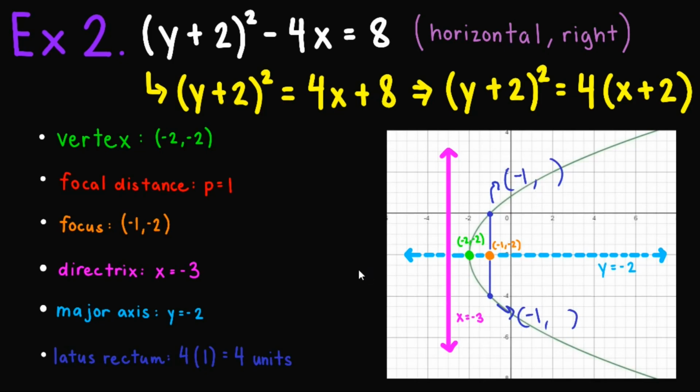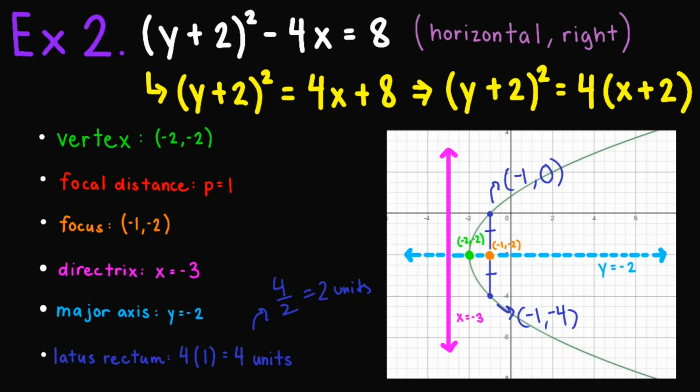For the y component, the latus rectum out here is 4 units, so we divide that by 2. So we get 2 units. Since this one is of equal distance, we just add 2 units up on the focus to get this. So negative 2 plus 2 out here would give us 0. And we subtract 2 units down. So negative 2 minus 2 out here would give us negative 4. So these are the endpoints of our latus rectum. And this out here is the answer for this problem.